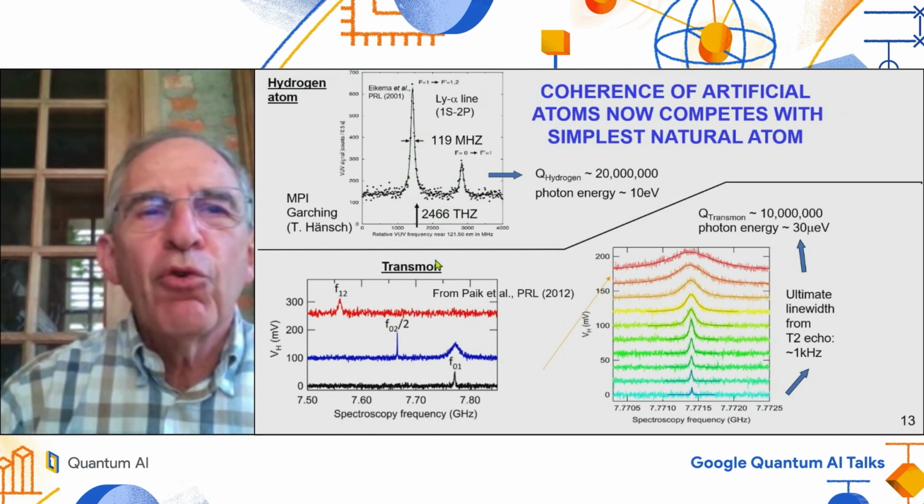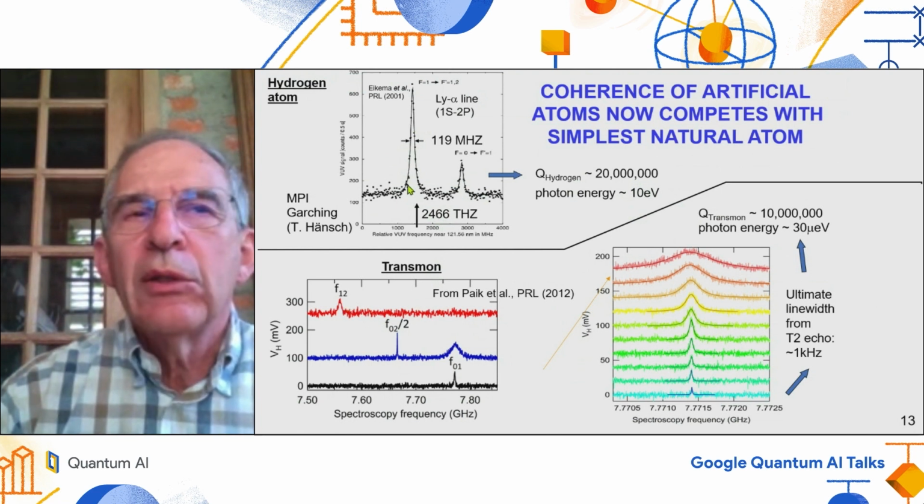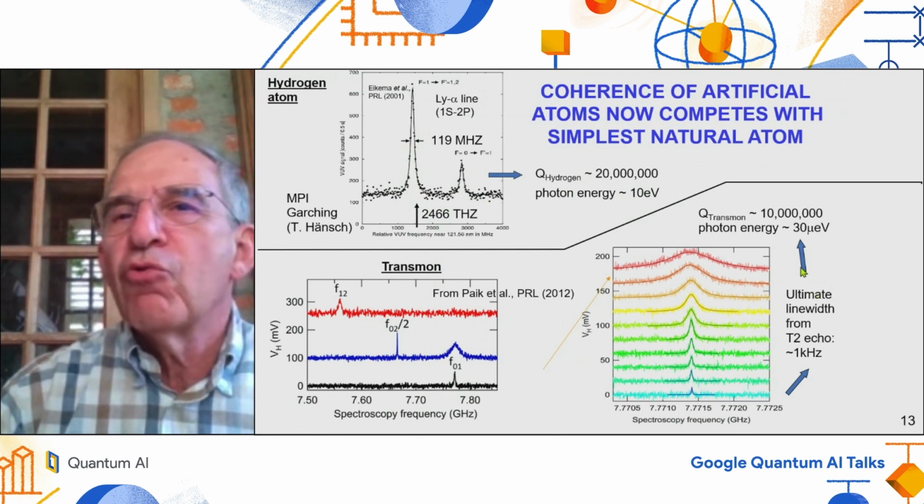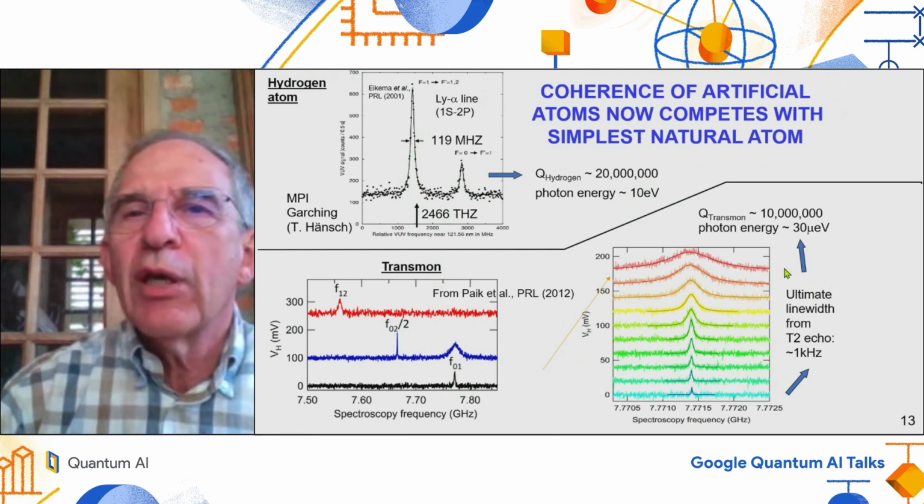Now, if we go to the Transmon, we can do similar spectroscopy and see peaks like this. Of course, we have to be very careful because if we put too much power, the peak is broadened, so we have to lower the power. And if we go then to echo techniques, we find that the Transmon has a quality factor these days of 10 million.